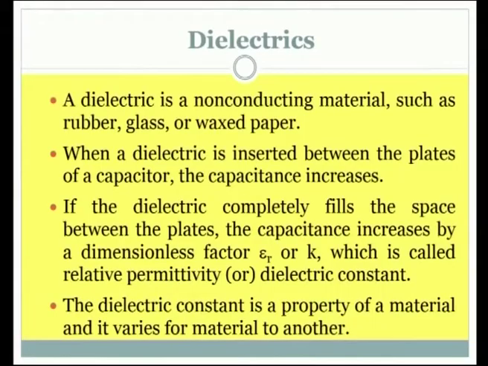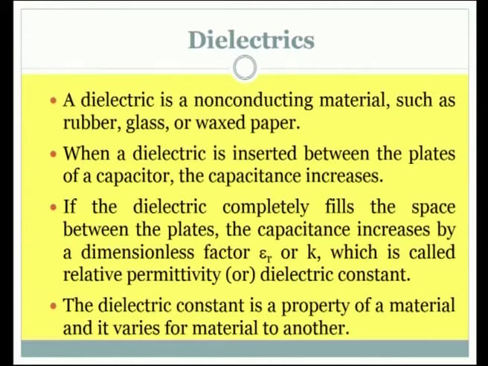Let us start with the basic definition for dielectrics. What is a dielectric material? Let us see the definition for it. A dielectric is a non-conducting material such as rubber, glass or waxed paper. When a dielectric is inserted between the plates of a capacitor, the capacitance increases.